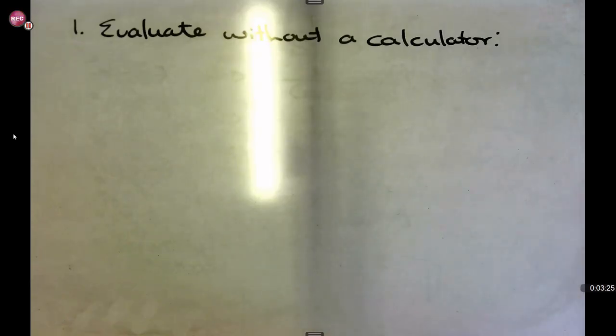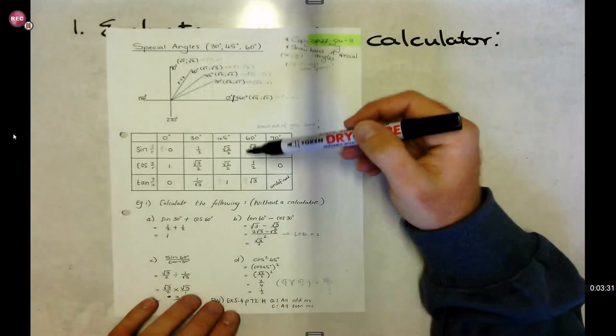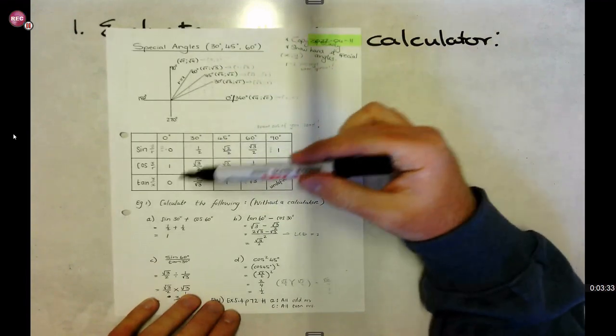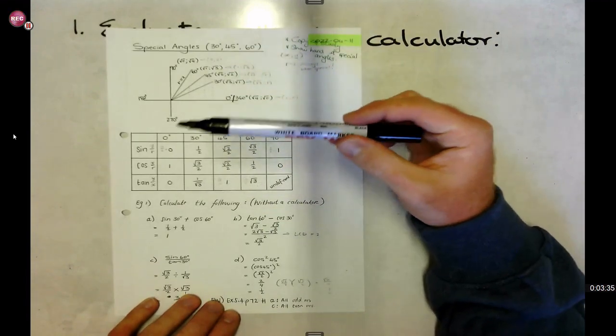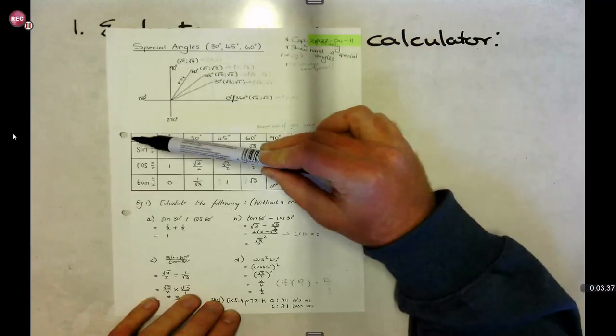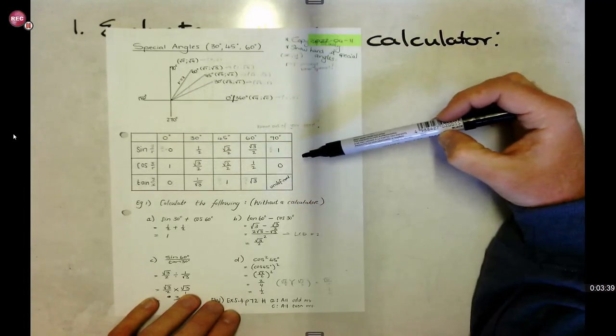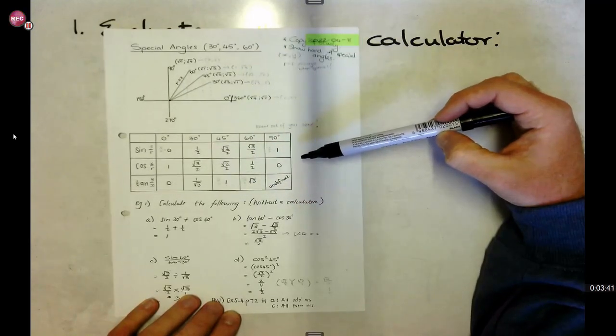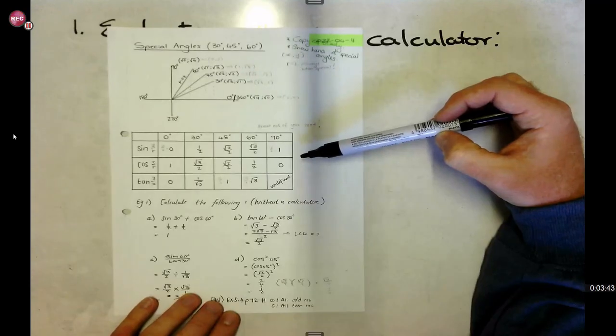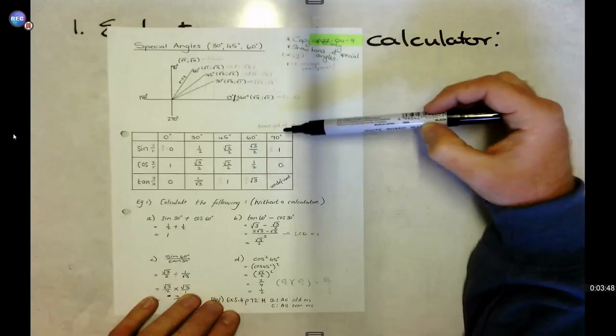So if you look at it over here, this table has all your special angles. And these angles are very important. So I make my learners copy this table down, and I tell them to learn it off by heart. Obviously you can put it into your calculator, but it's easier to know it like this.